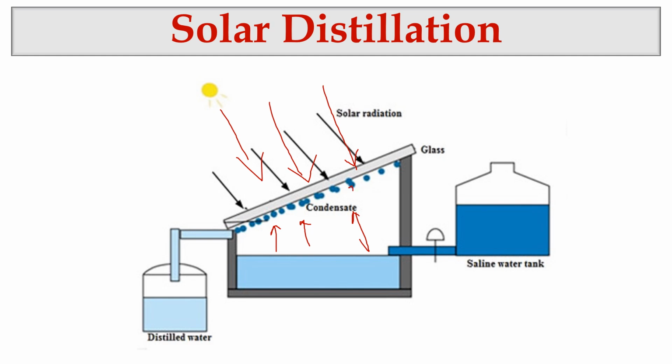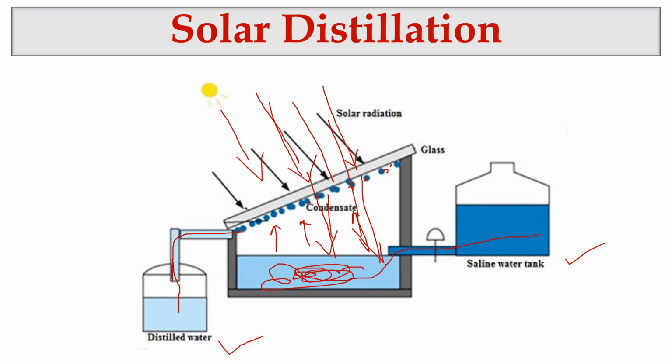These dots here are the water vapors condensed on the glass, and it is collected here through the pipe and stored in a tank. So this is the distilled water. This is the saline or impure water coming to the tank and stored here, and when the solar radiation hits the water, it will evaporate, and the condensed, distilled water is stored.